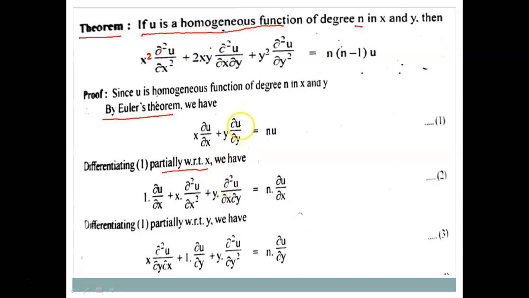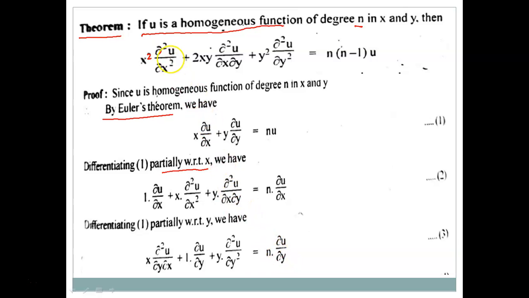Now the rest of the part we are differentiating with respect to x partially. So in fact it gives you del square u over del x del y. N is constant and you differentiate u with respect to x partially, so del u by del x you can have here. Now in the same manner, when you differentiate this equation 1 partially with respect to y, we get this expression.